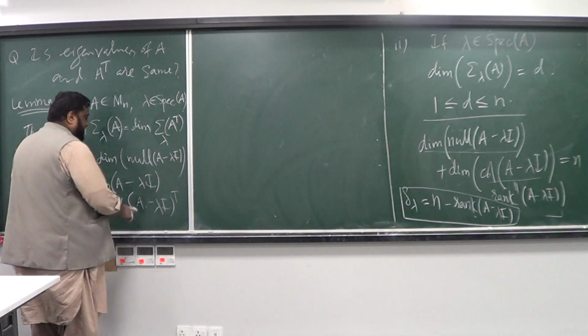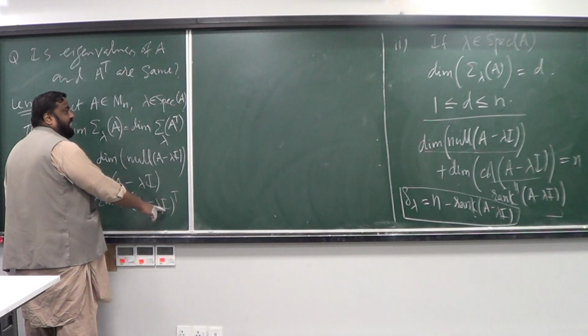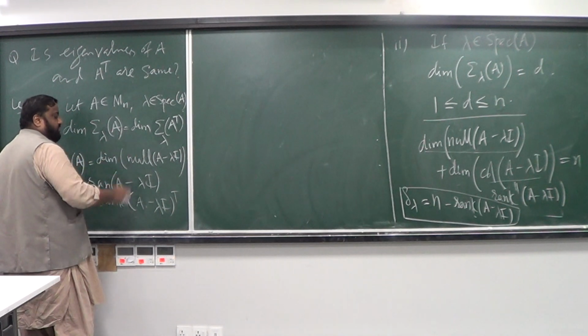So the rank of A minus lambda I is the same as the rank of (A minus lambda I) transpose, which is A transpose minus lambda I transpose. But I is the identity matrix, a symmetric matrix, so its transpose stays the same.